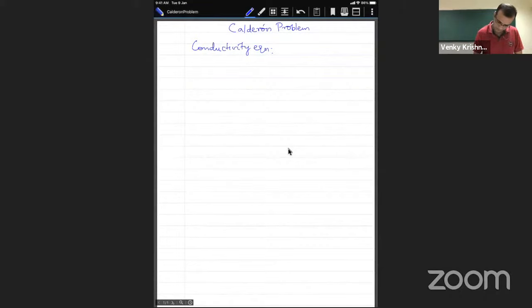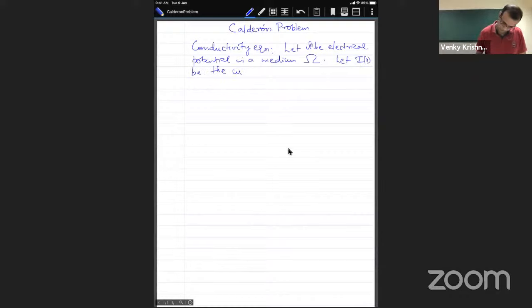Let U be the electric potential in a medium omega, and let's say it's a conducting medium, and let I of x be the current. This is U of x.